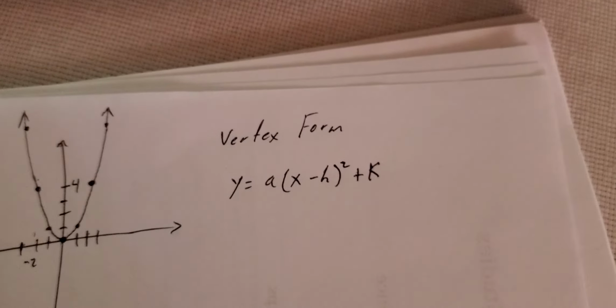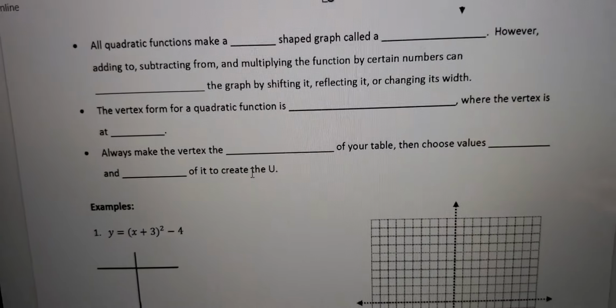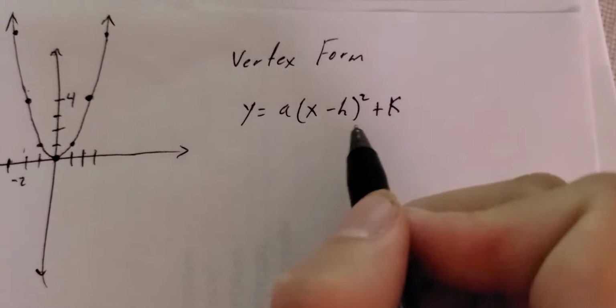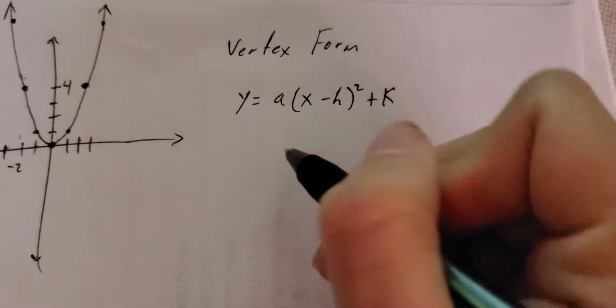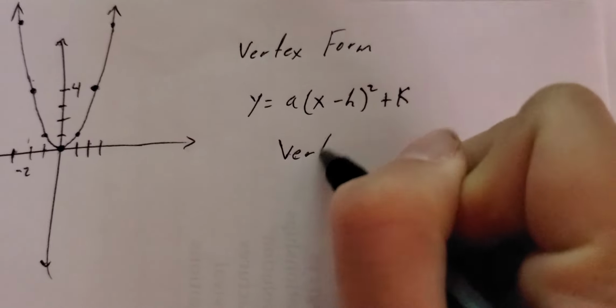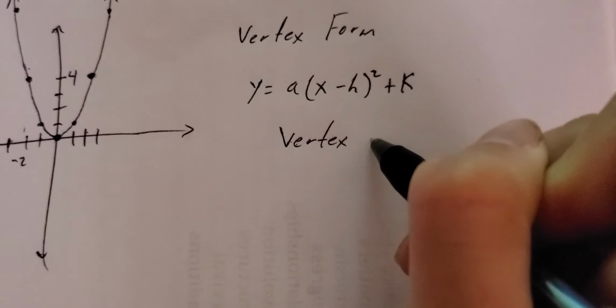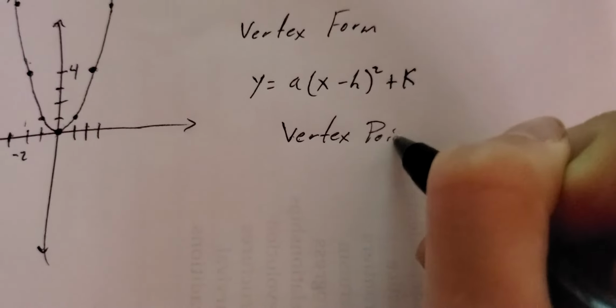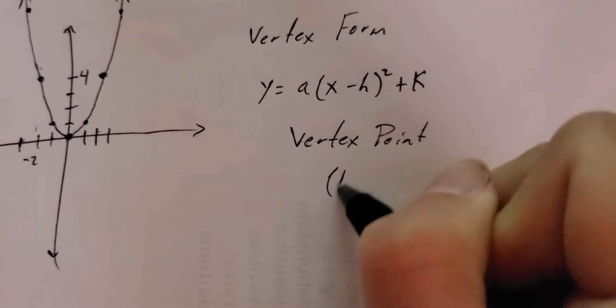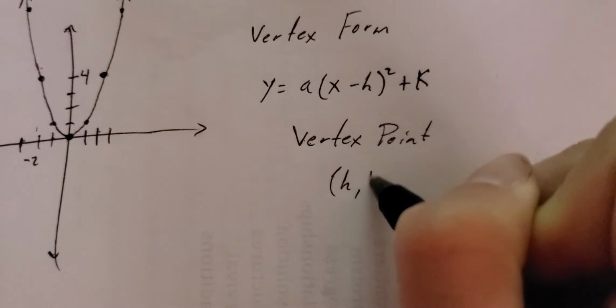All right. Let's go back to the sheet. So the vertex form, you get where the vertex is at. There's a specific point. You can find the vertex form of a quadratic equation. There's something called a vertex point. This vertex point is located at h, comma, k.